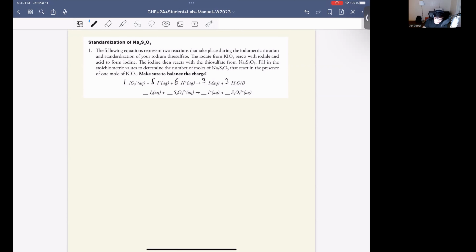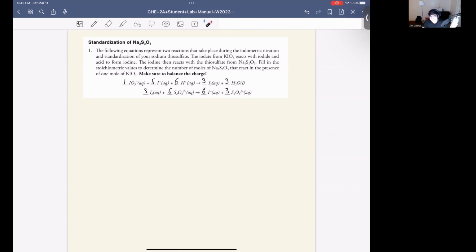For the second one, it's really going to be the same thing. I'm just going to write in here how this would balance out. If you end up just balancing the sulfurs first, if you just tentatively put a 2 here, a 2 and a 2, you'll find that the charges do not balance out.